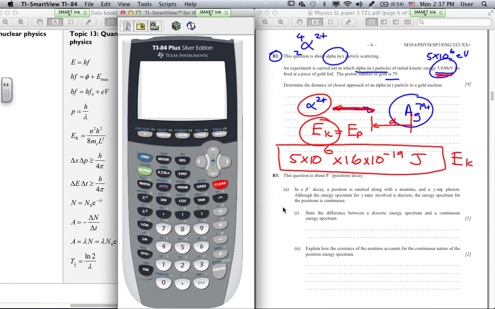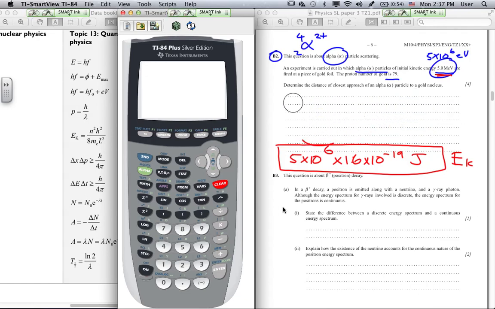Well, your EP is given by this formula over here, and basically you need to know this. It's Q1 Q2 over that distance. In high level we discuss this in more detail.